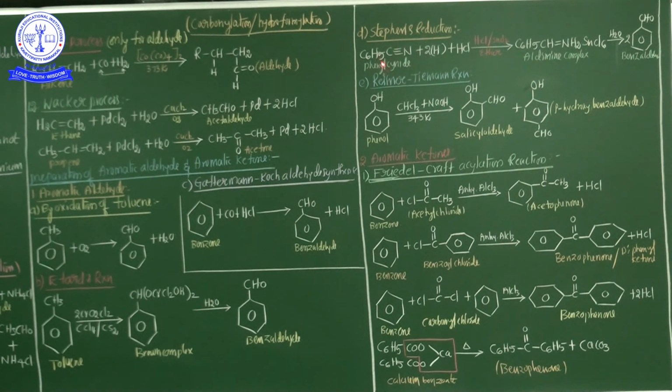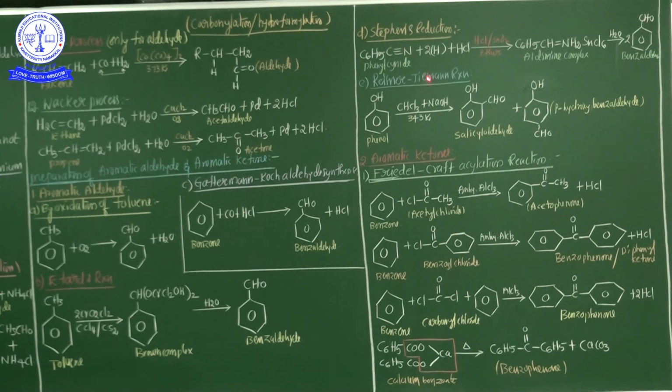My dear student, through Stephen reduction, aliphatic aldehydes are prepared, and aromatic aldehydes are also prepared. Especially in aromatic aldehyde, what is the chemical combination? Now see here, phenyl cyanide. This is phenyl cyanide, in the presence of HCl combination, SnCl2 in ether, aldimine complex is formed. This aldimine complex is again treated with water, finally benzaldehyde is formed.